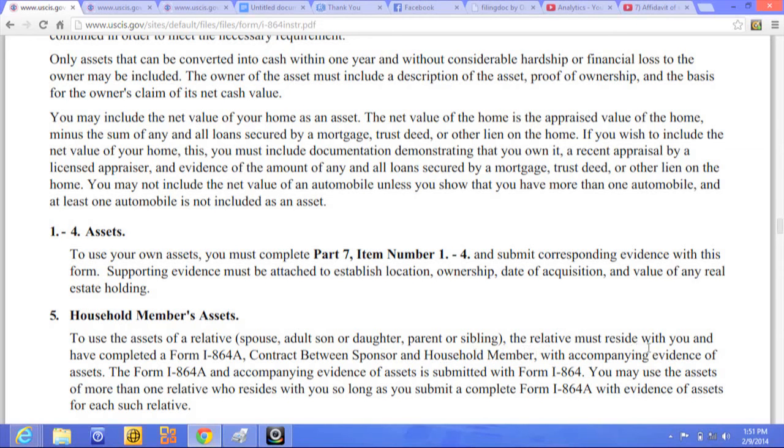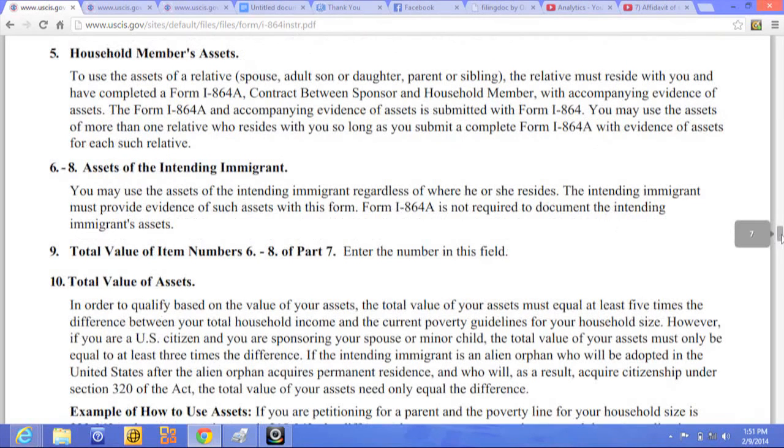The relative must reside with you and have completed the form, like we said, the form I-864. This person must fill out the form I-864 also. So you may use their assets, and you may also use the assets of the intended immigrant. So anyone that is in your household size, you can use their assets.